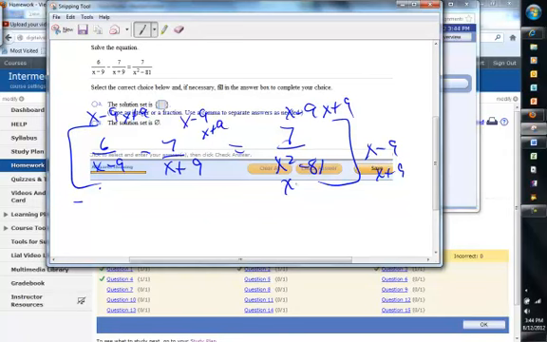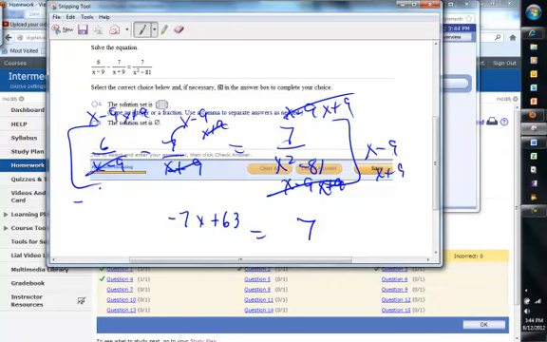Now notice this is x minus 9, x plus 9, so these two cancel, and we're left with 7. This cancels, and we're left with negative 7x. Negative 7 times negative 9 is positive 63.